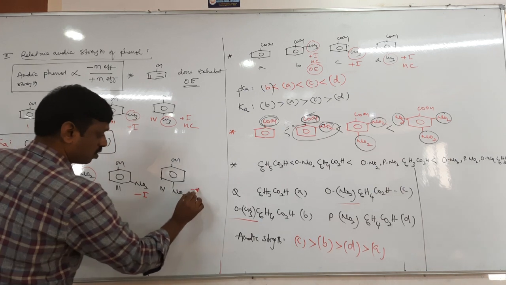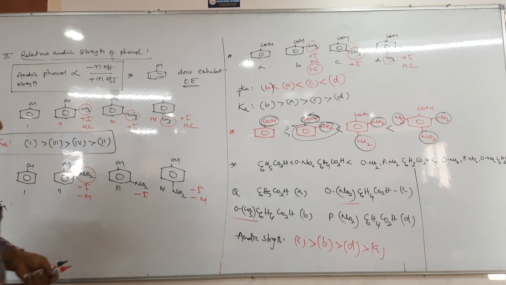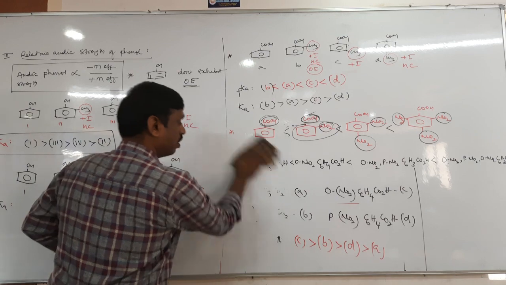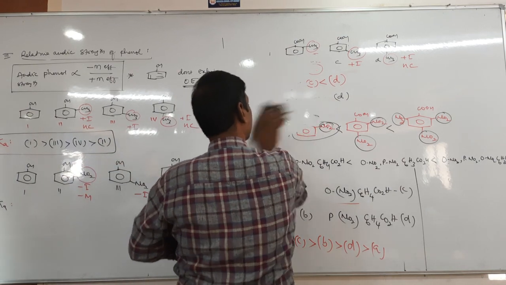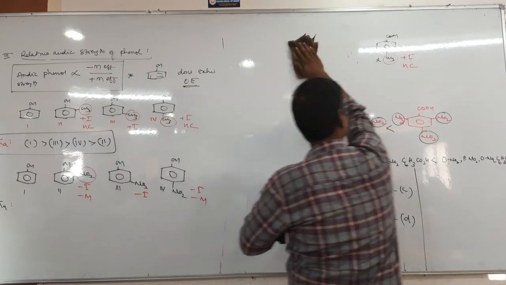Therefore, the second is more acidic, but not. This is one important question at board level. Why is orthonitrophenol less acidic than paranitrophenol? So paranitrophenol is more acidic.